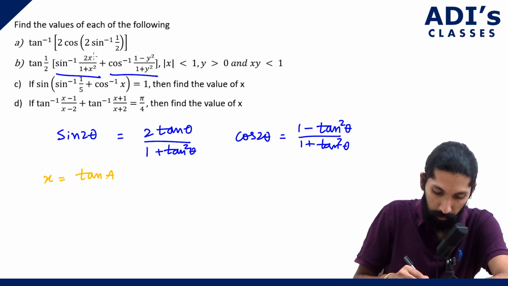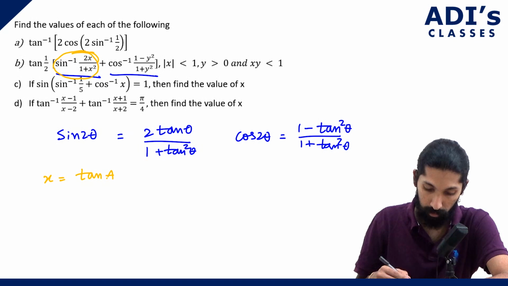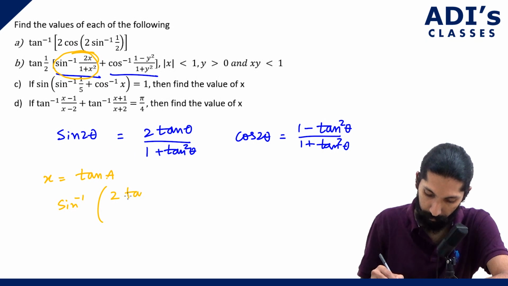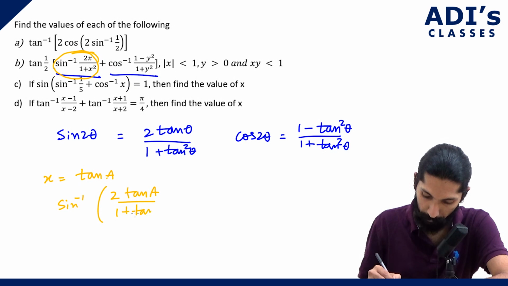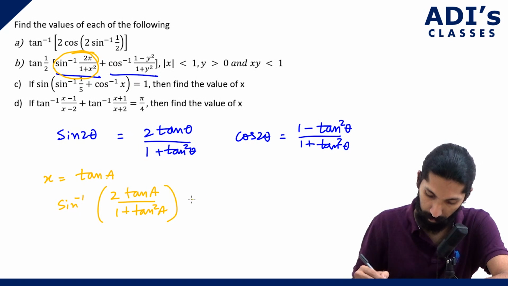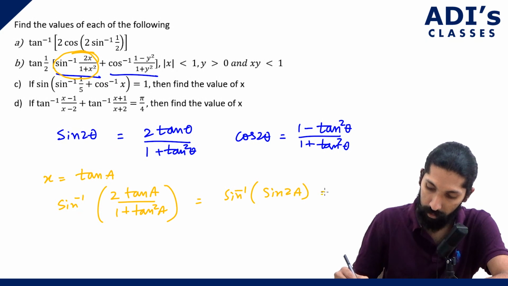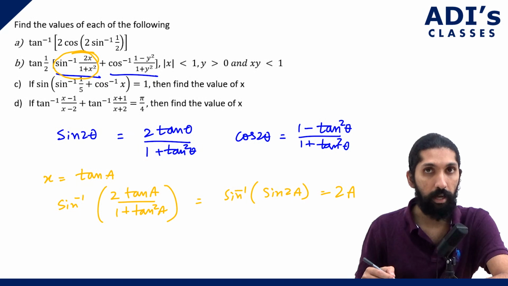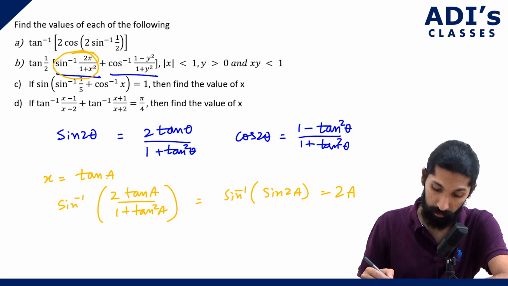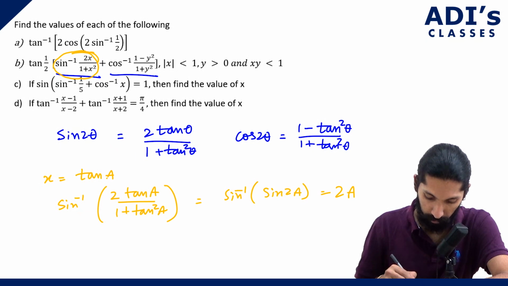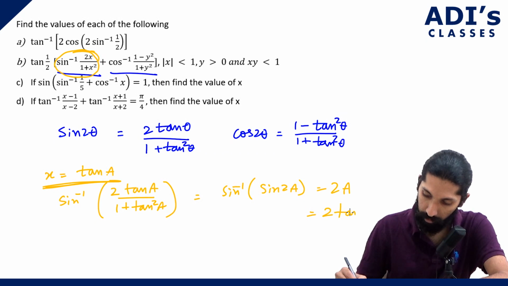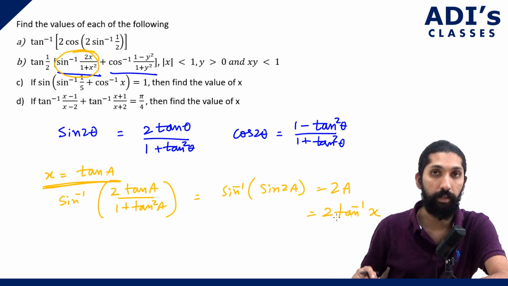Then the sine inverse you have here becomes sine inverse of 2 tan a by 1 plus tan square a, which becomes sine inverse of sine 2a, which is just 2a. Since x is tan a, a is tan inverse of x. So this becomes 2 times tan inverse of x, correct?